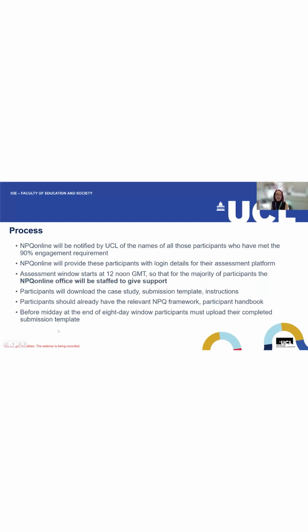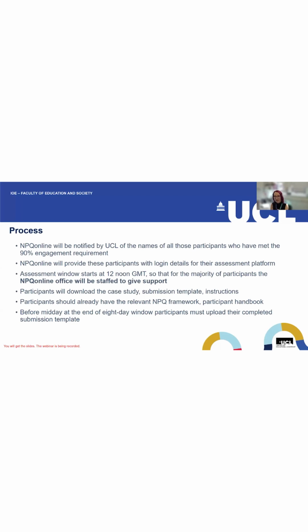So what happens in the process is, once you've done your 90% engagement, your delivery partner inform UCL, and UCL start to release those names in batches, because as you can appreciate, it's thousands. So they'll release them in batches to MPQ Online, who will then contact you to provide you with login details for their assessment platform.